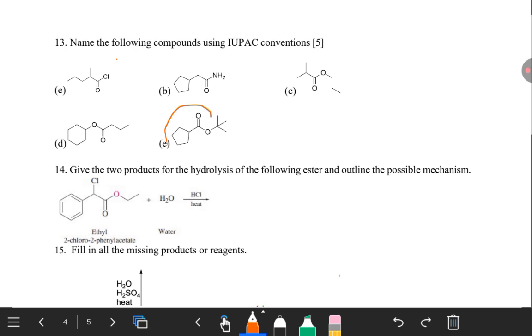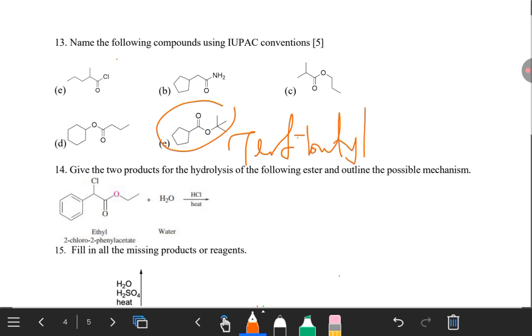So this is a parent chain. So we're going to say this tert-butyl. So we're going to call it tert-butyl. Then we have this parent chain, which is a cyclo.